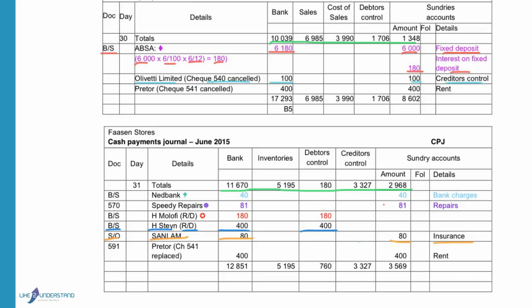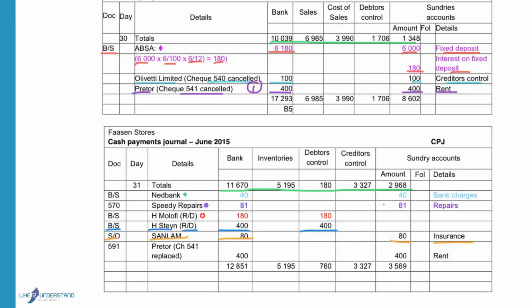So the first entry will be to cancel the old cheque. So we will show that this cheque was cancelled. So we have 400 Rand more in the bank, and we reduce the expense for rent, because we have to cancel the original entry that appeared in the rent account and bank account.